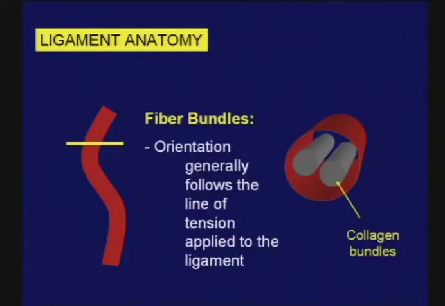These collagen bundles, as in tendons, are oriented along the line of tension, and their job is to resist tensile force applied to the ligament. They are somewhat relaxed at rest, a process called crimp, C-R-I-M-P, but as tension is applied to them, they first straighten out and then they elongate to some degree.